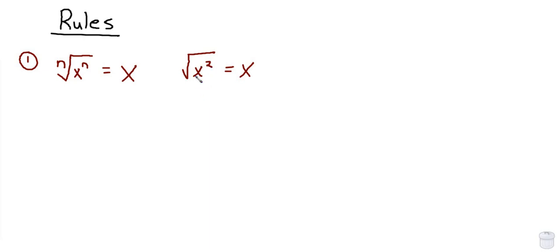You think of it like a perfect square or a pair. Or I could say the cube root of x cubed is equal to x. If the index and the exponent on the radicand match up, those are going to cancel each other out. And that's what that rule is saying, the identity rule.